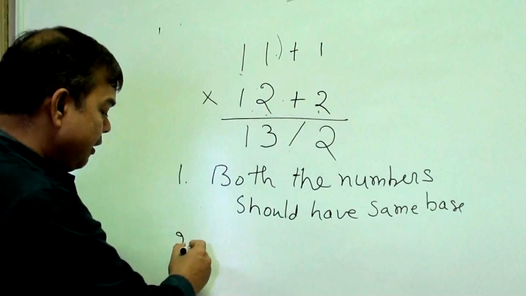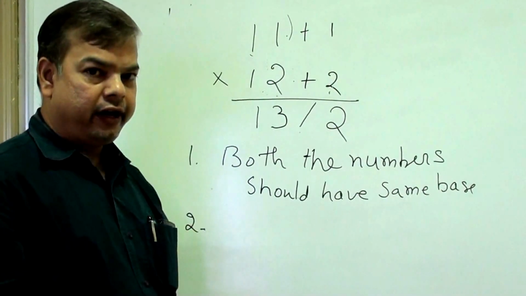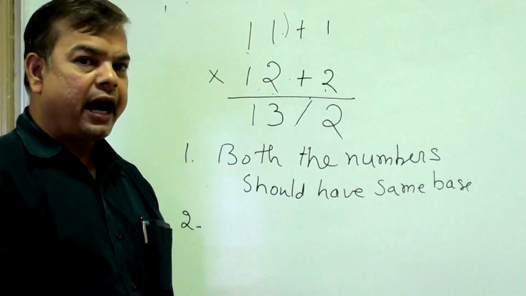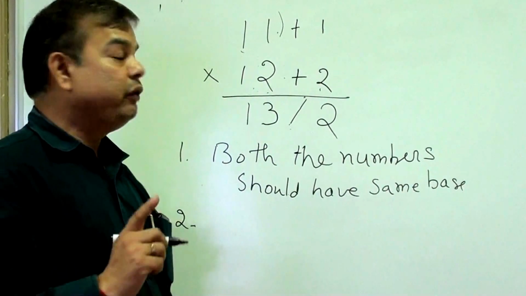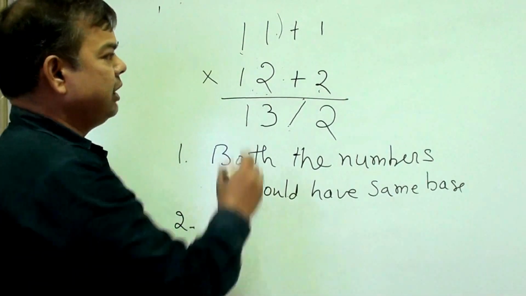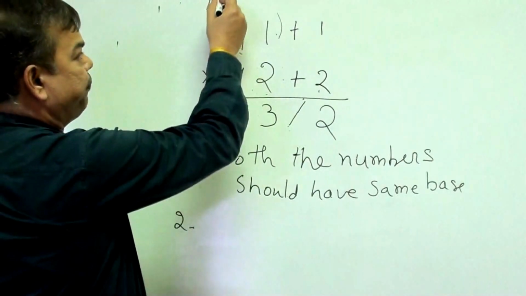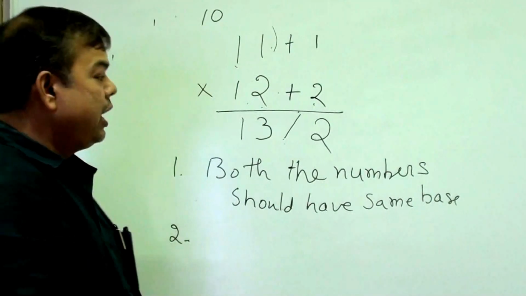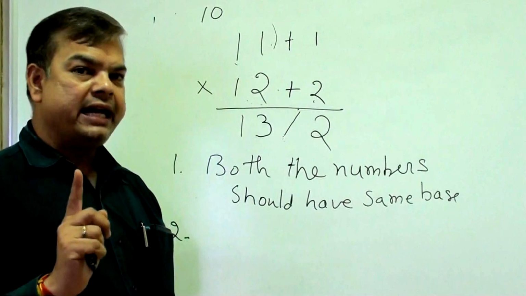Now the second rule which I have not told you earlier is that after this forward stroke you will write only those many digits which are equal to the number of zeros in the base. For example, in this particular case the base is 10 and the base 10 has only one zero. Therefore after this forward stroke there will be only one digit.